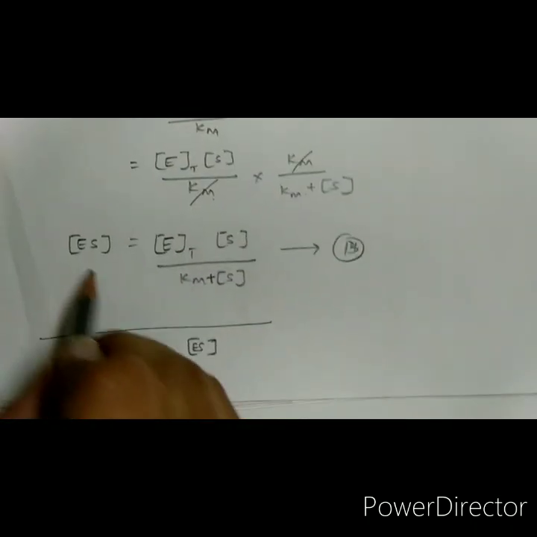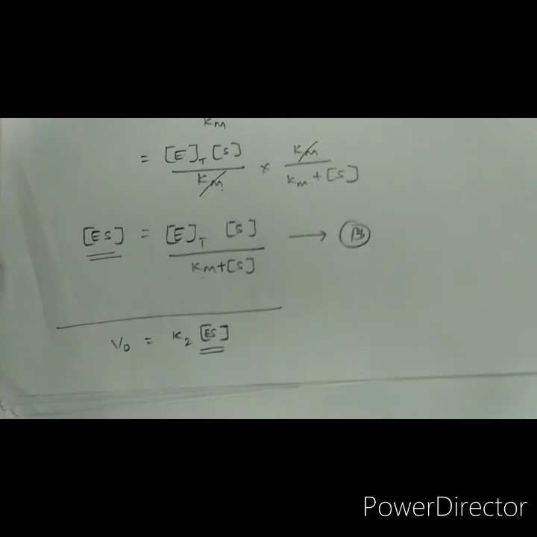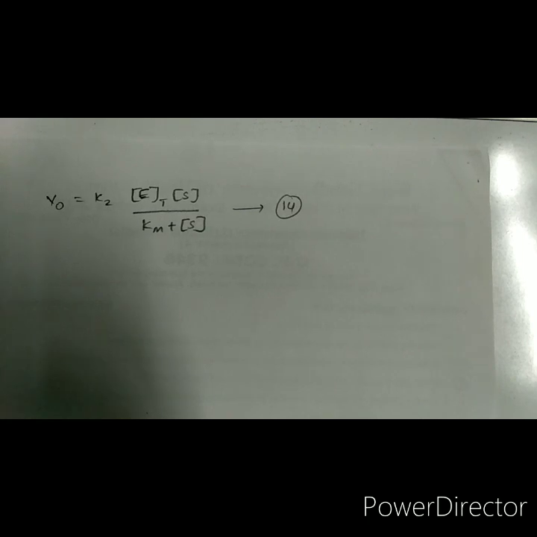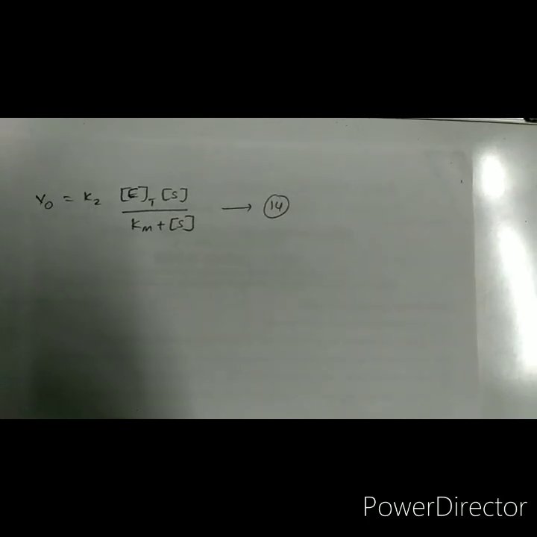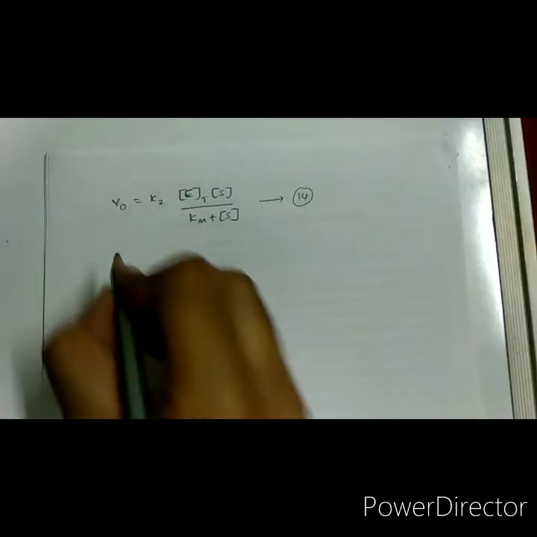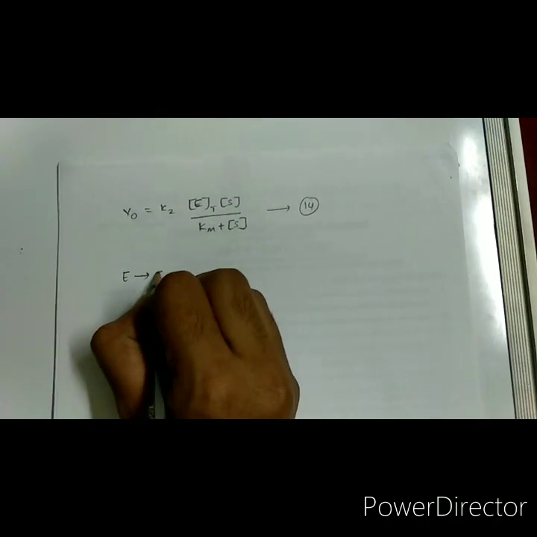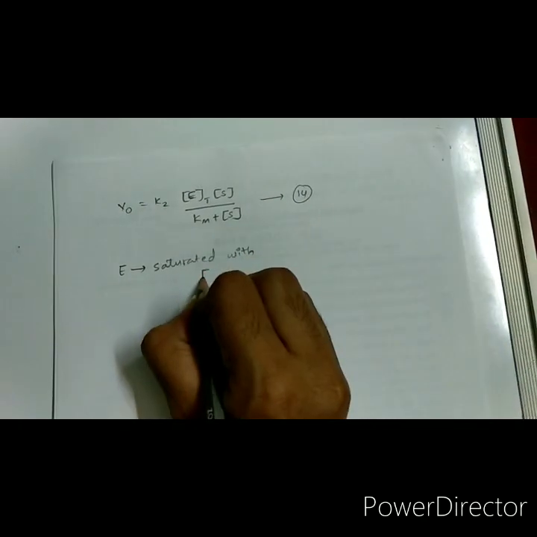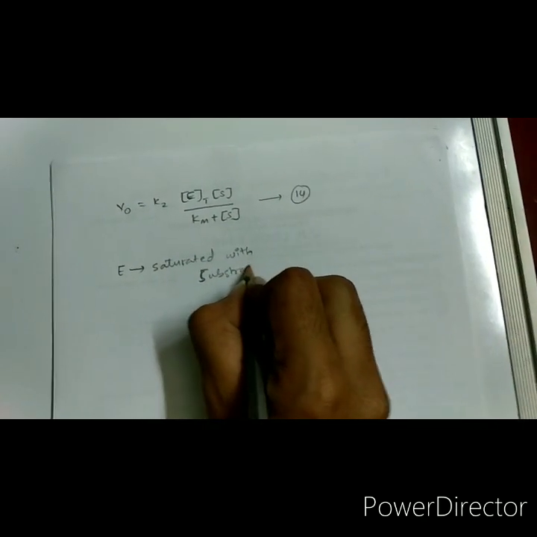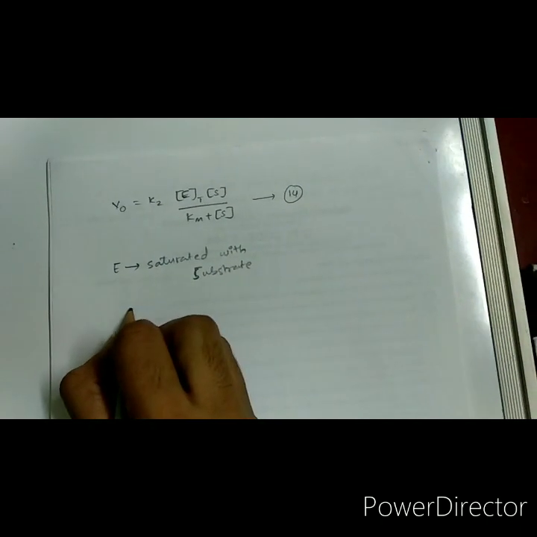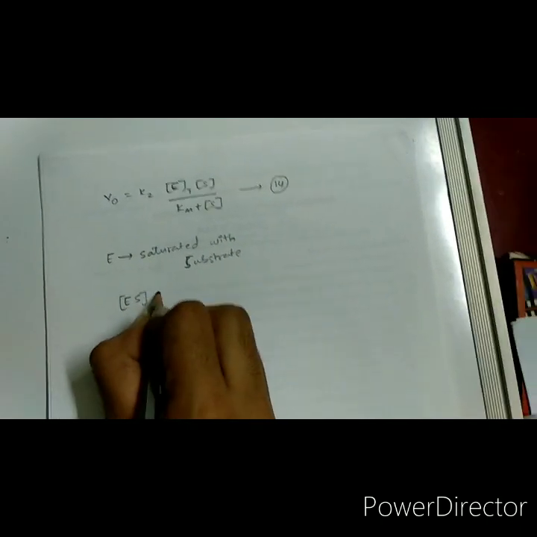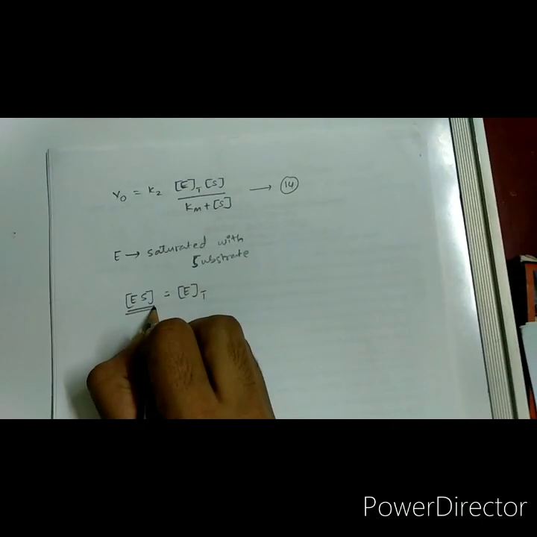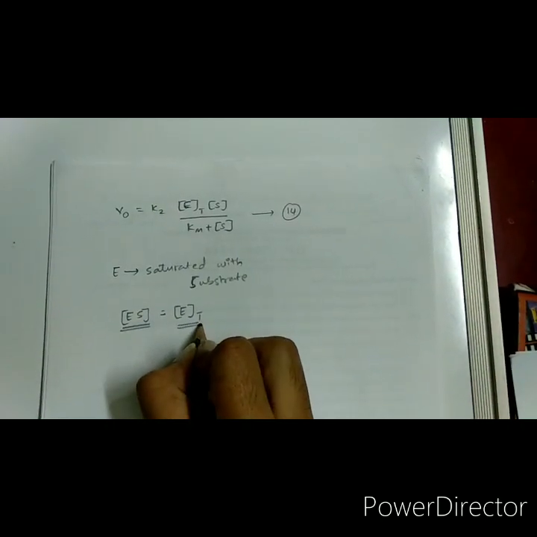Now substituting the value of Es in this equation, we get V0 is equal to K2 into Et into S divided by Km plus S. Now if we assume that the enzyme is fully saturated with substrate, under such conditions Es will be equal to Et, that is, the enzyme substrate complex will be equal to the total concentration of enzyme.